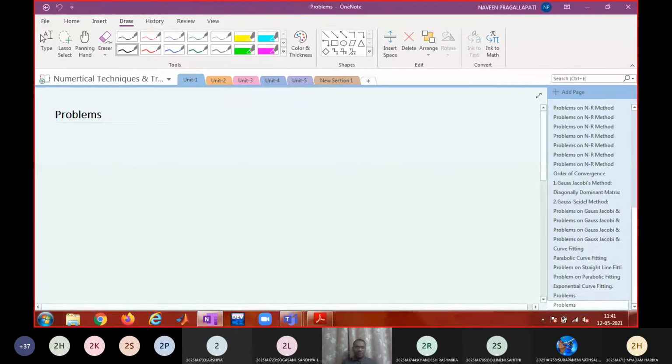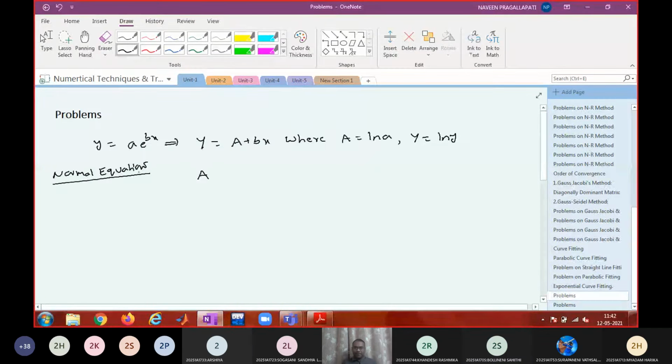So 5A plus b into sigma xi is equal to sigma ln yi. Next, A into sigma xi plus b into sigma xi square is sigma xi into ln yi. Can you tell me those values?